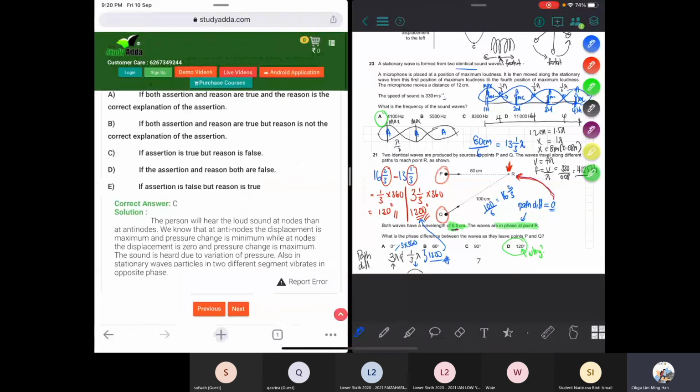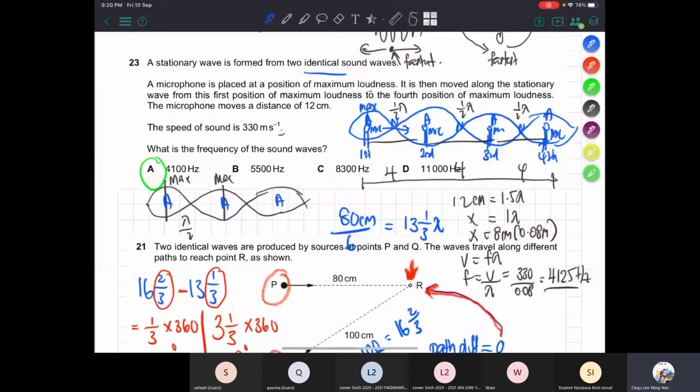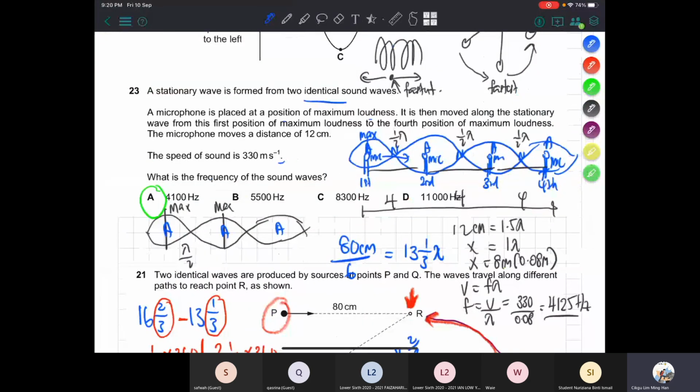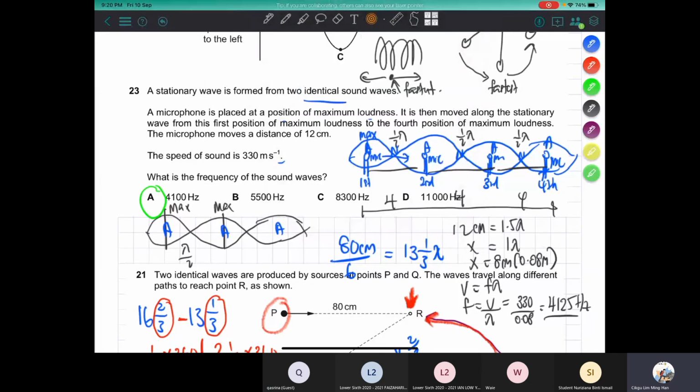Interesting. So according to the statement here, just like what Ian said, you will hear loudness at the knot. But if I remember, if you move around here, you will hear loud, quiet, loud, quiet. But anyway, if you use knot, it's the same.